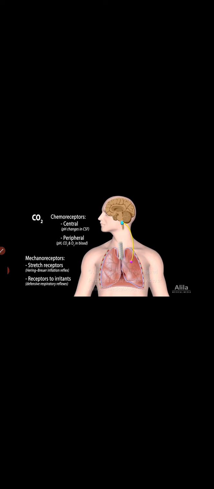Other receptors respond to inhaled irritants and are responsible for defensive respiratory reflexes. So what are the irritants? Irritants are everything that generally, if you breathe in, would make you cough. Just to make it simple. So everything that is potentially harmful for our lungs, we want to get out, and we do not want to get in.